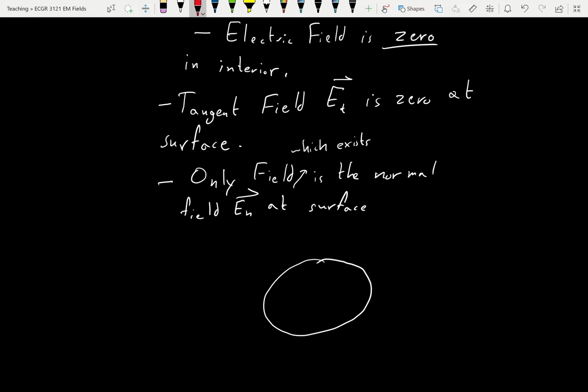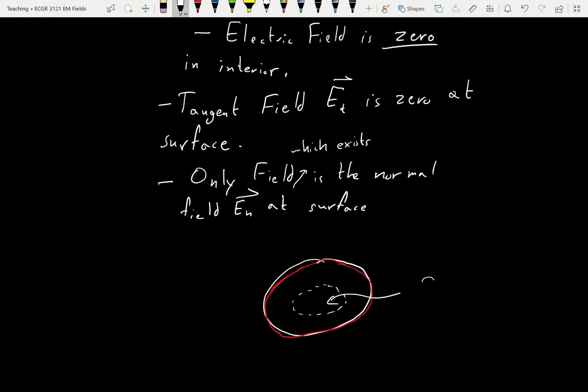Whatever happens, the charge distribution is going to be a surface charge distribution at the boundary of the conductor. So from Gauss's law, I could have a Gaussian surface here in the middle of the conductor. I know that all the charges are on the surface of the conductor, so there is no enclosed charge inside this Gaussian surface.